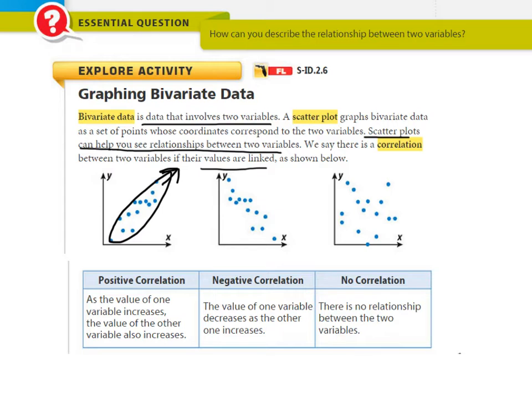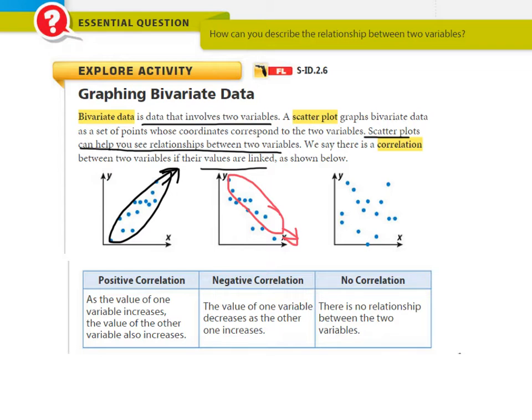Now keep in mind, not every single dot will follow that pattern. You're looking for the overall impact. On the second one, this time, overall they're going down, which means negative. Negative means that one of them is increasing and the other one is decreasing.